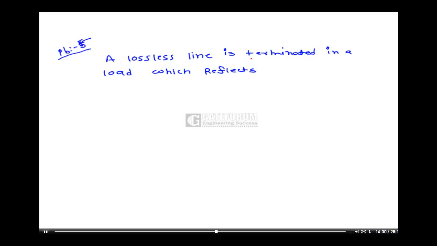A lossless line is terminated in a load which reflects a part of the incident power.